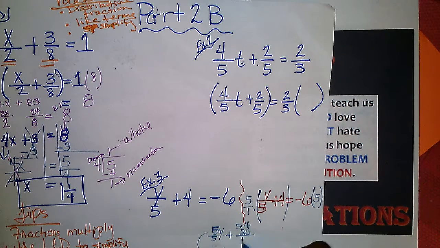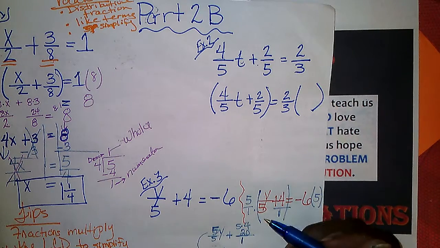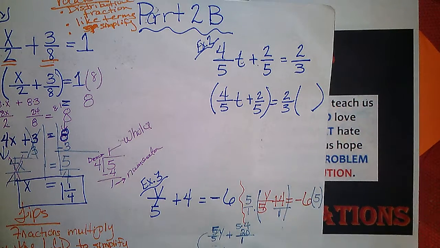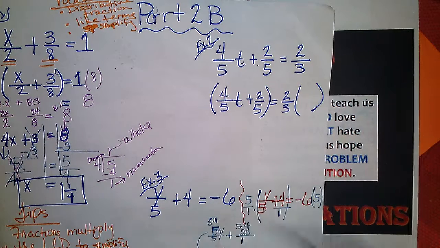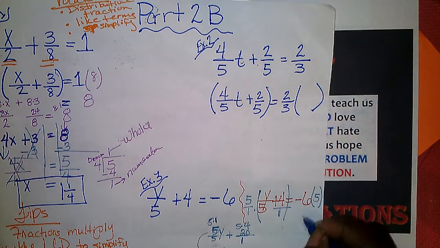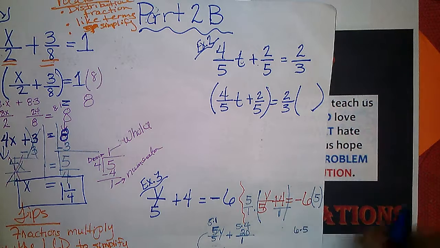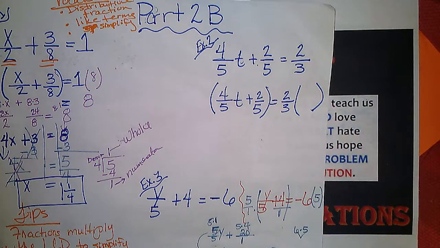And then you just have the 1, because to make this a fraction, it's a 1. So now we have y plus 20. We have our equal sign, and now we have -6 times 5, which gives us 30. And not to forget our negative sign, so negative 30.